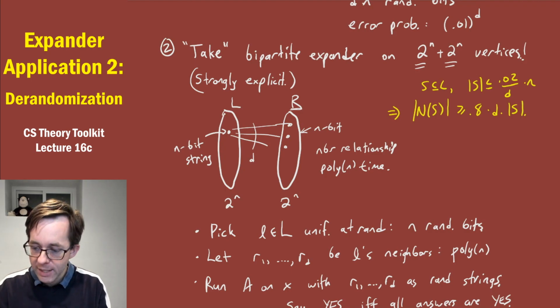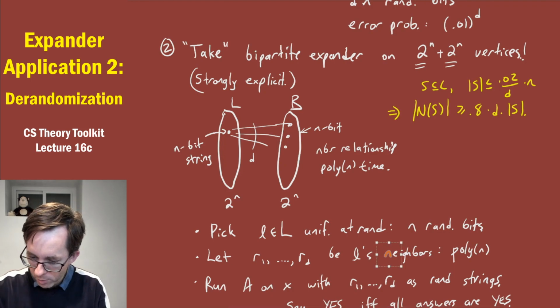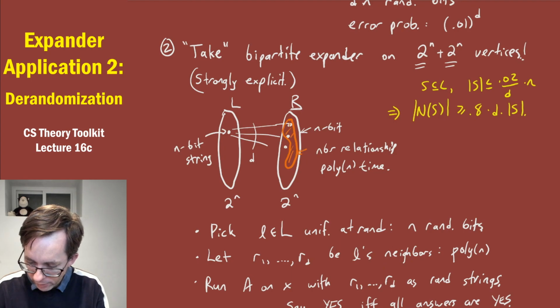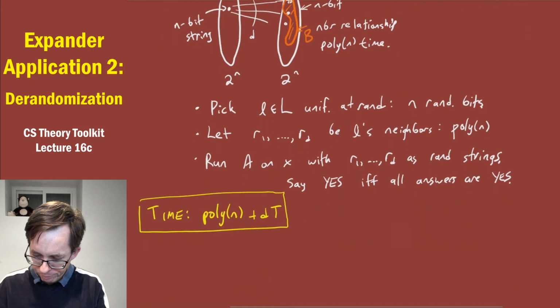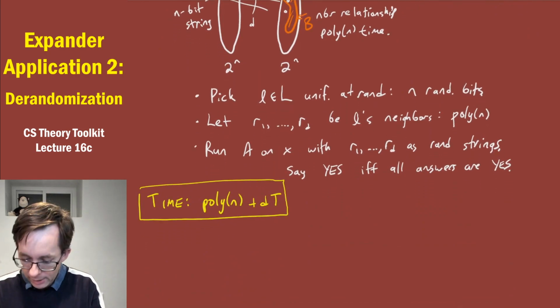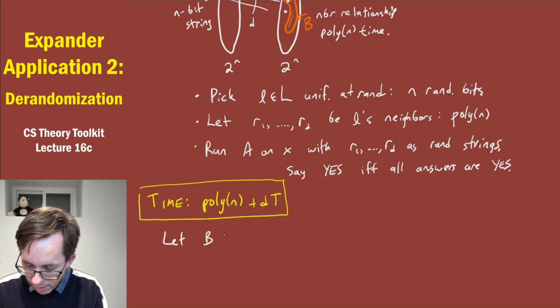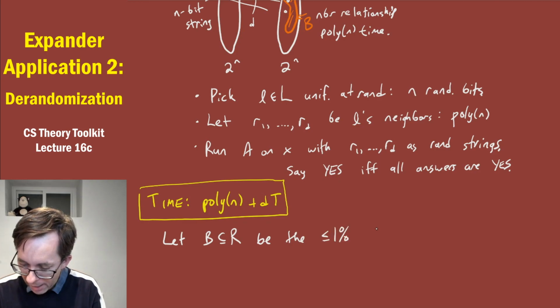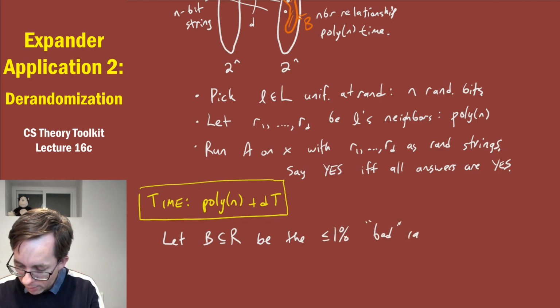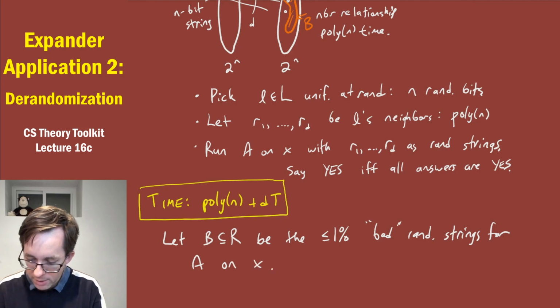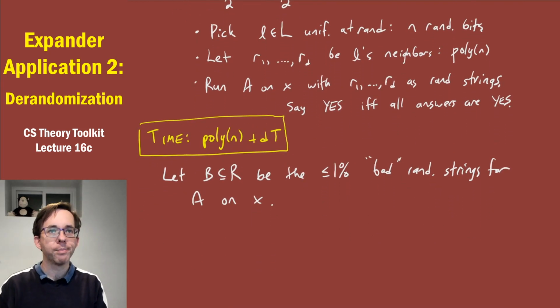And what I want to do is think of the set B of bad strings for the algorithm A. Let B, a subset of R, be the at most 1% bad random strings for A on X, the ones that cause it to incorrectly say yes, even though X is not in the language.